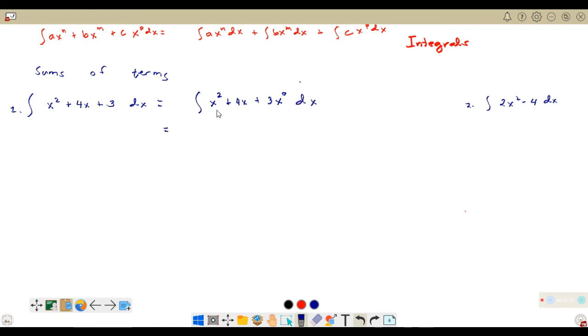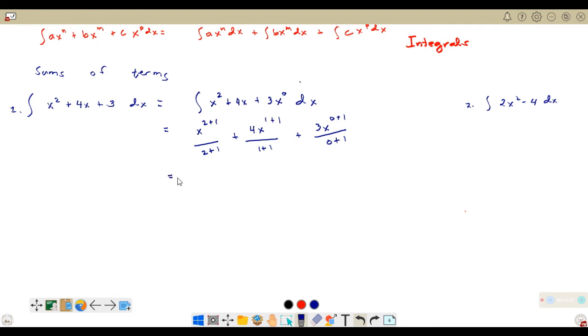And then, let's proceed with the integration. So, for the integration, we have x raised to 2 plus 1 over 2 plus 1 plus 4x raised to 1 plus 1 over 1 plus 1 plus 3x raised to 0 plus 1 over 0 plus 1.